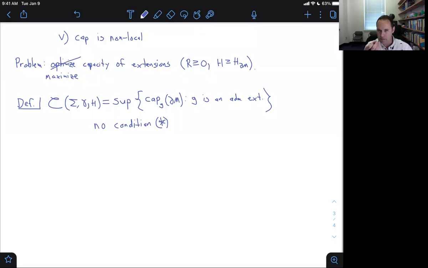If you had a small minimal neck around your surface, that's going to make the capacity small, not big. So one reason this might be easier to work with than the Bartnik mass is you don't have a condition like that to worry about.